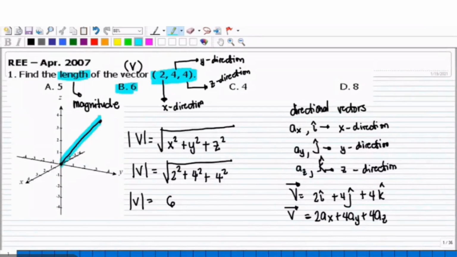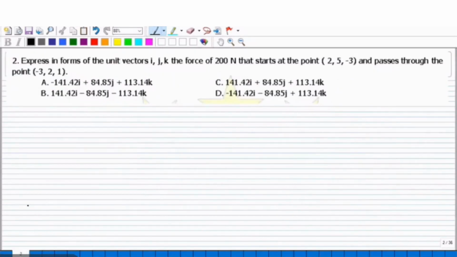Okay. So next, let's have number 2. Express in forms of the unit vectors i, j, k the force. Take note po, i-express natin siya sa i, j, k. So which is having a magnitude of force which is 200 newtons. Okay, that's the magnitude.